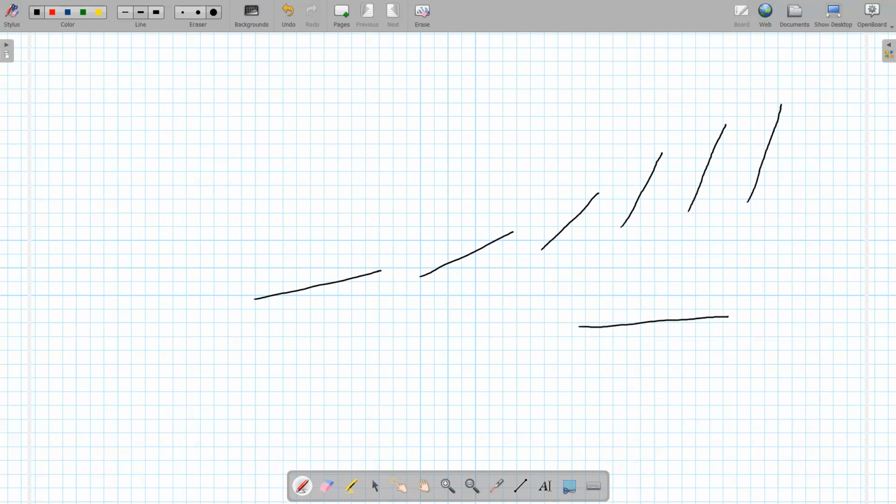What's the slope of a horizontal line? So you have something like this, y equals 3. What's the slope of this line? It's horizontal. Is it 0? Yes, it is. The slope of a horizontal line is 0.